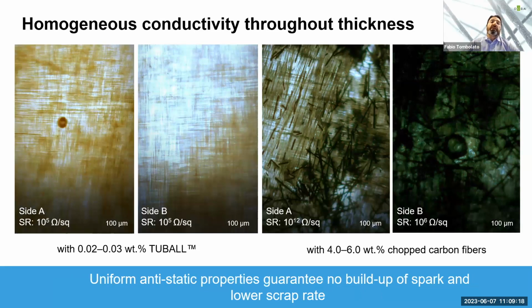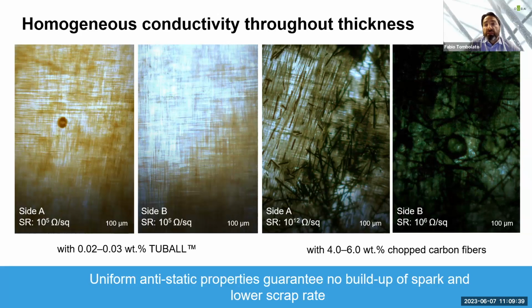In this slide, you can see a typical issue associated with the use of standard conductive additives like chopped carbon fiber. The issue is related to a non-uniform conductivity inside the material due to non-uniform distribution of carbon fibers inside the material.